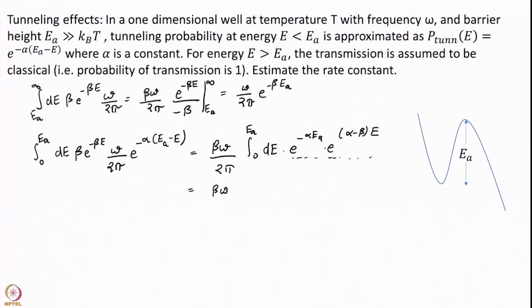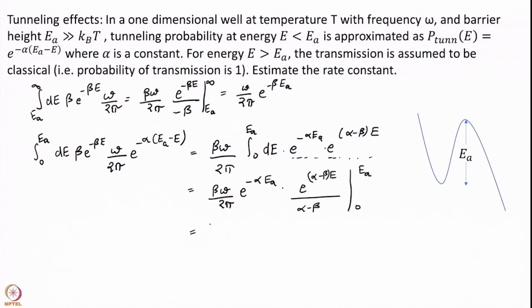So, this is nothing but beta omega over 2 pi e to the power of minus alpha Ea into e to the power of alpha minus beta E over alpha minus beta, from 0 to Ea.